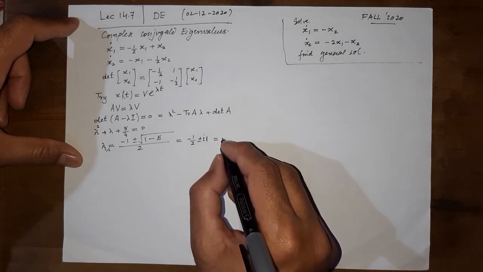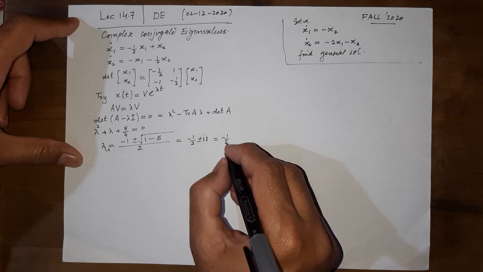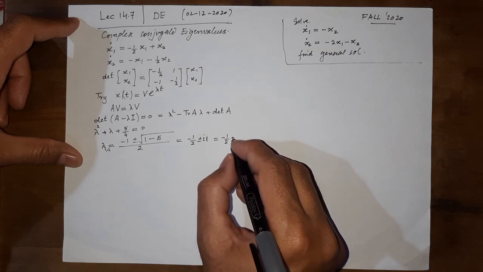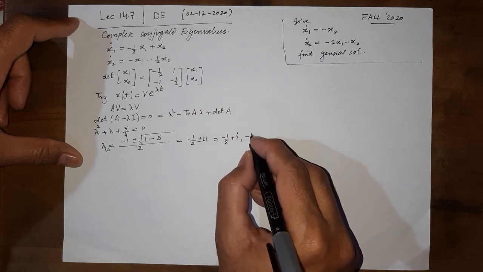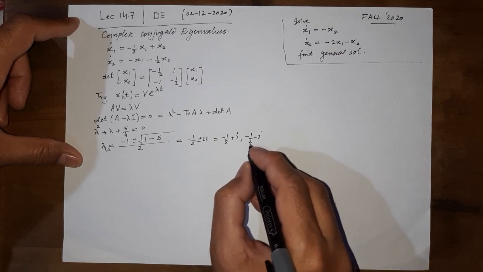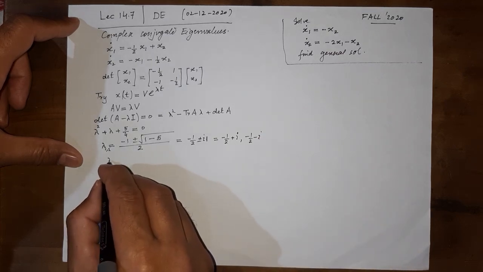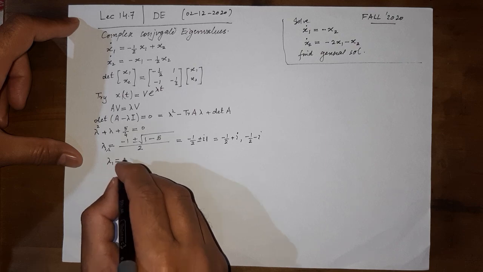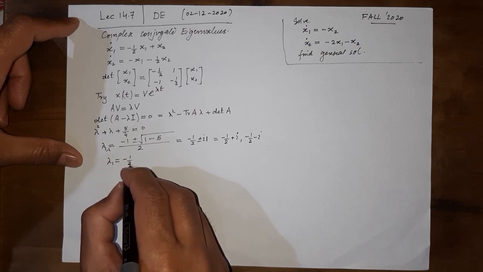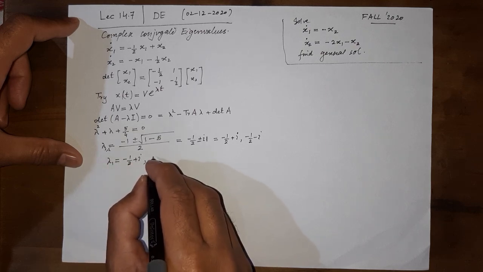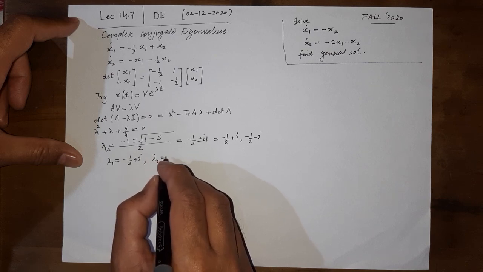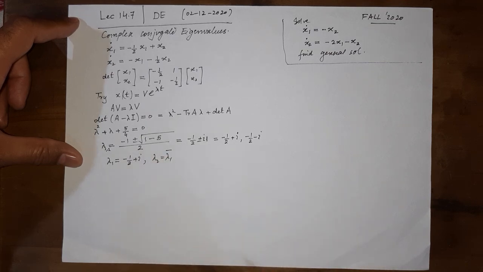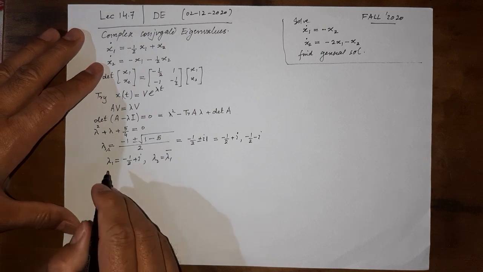So that would be equal to two values, minus half plus iota and minus half minus iota. You can see that lambda 1 is minus half plus iota and lambda 2 is the conjugate of lambda 1.